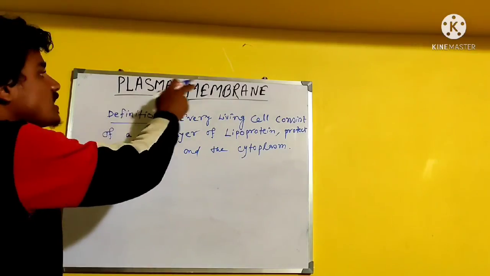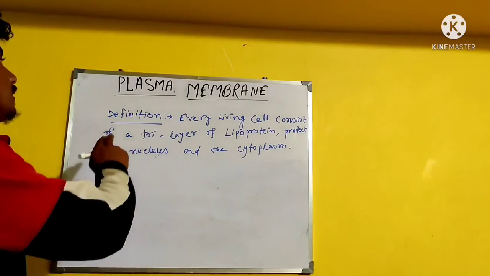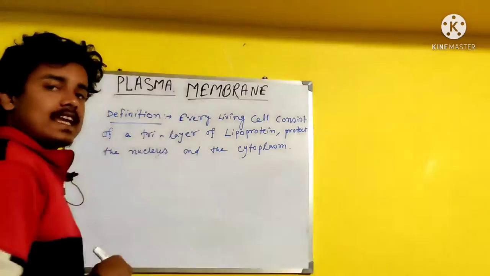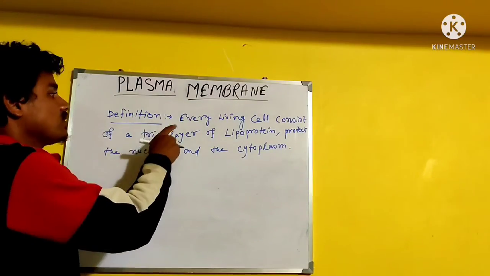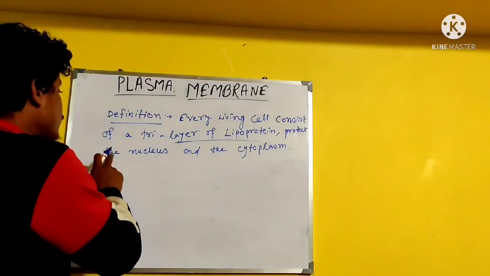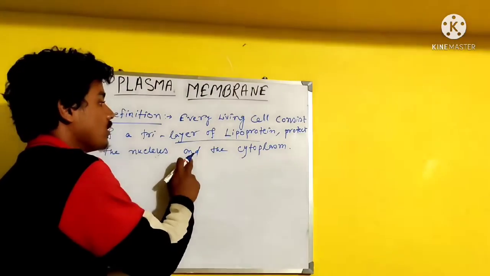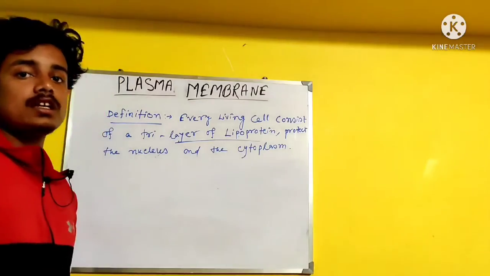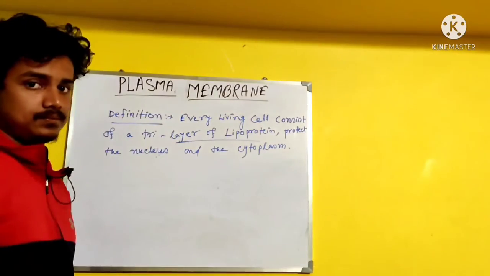So what is the definition of plasma membrane? Every living cell consists of a trilayer of lipoprotein which protects the nucleus and the cytoplasm, and it is known as plasma membrane.